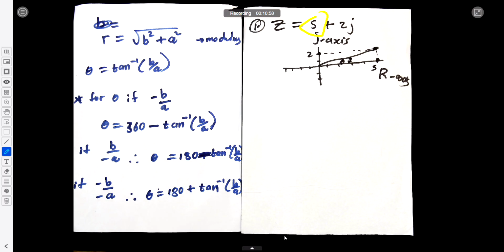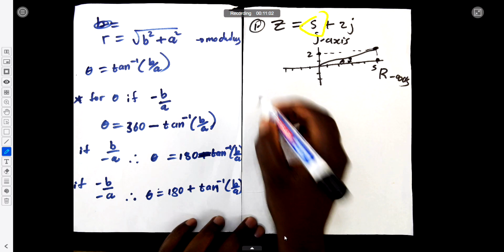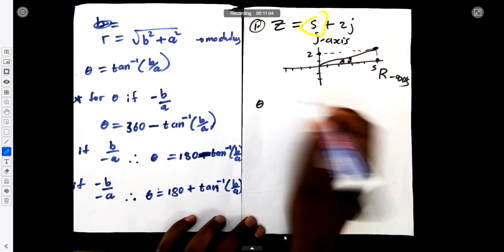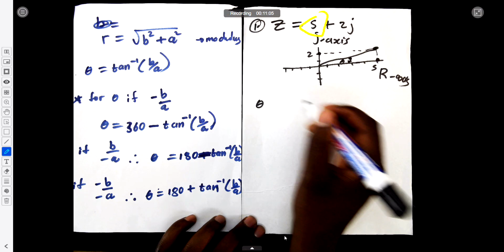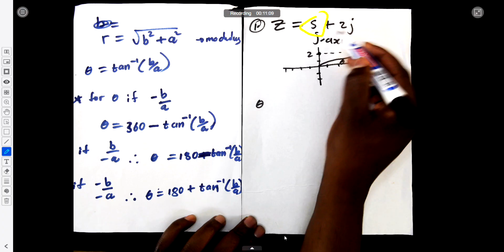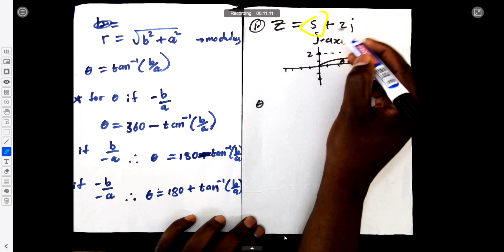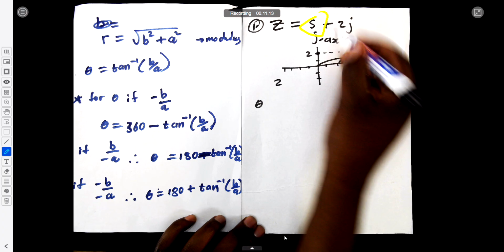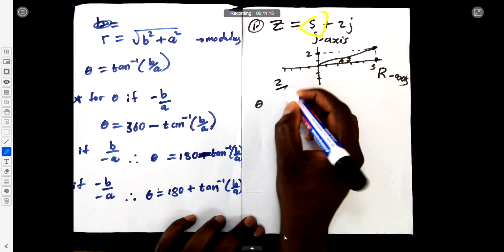But making sure that you have theta there, how will we get theta? Before you do anything, just say B over A. B is the coefficient of j, which is 2, and A is 5.